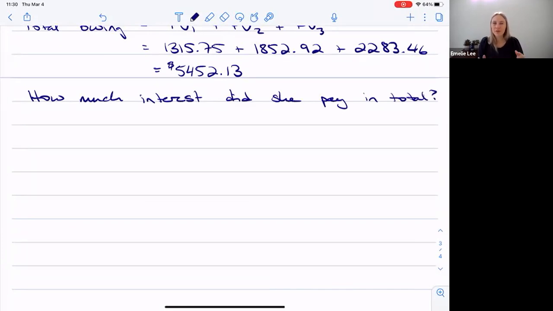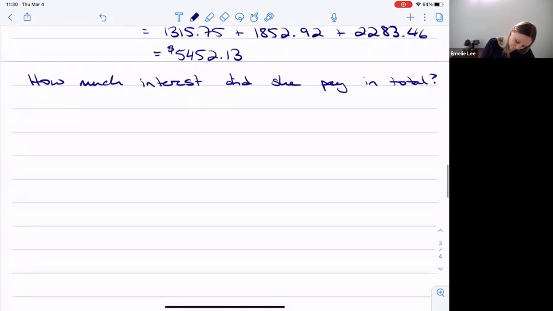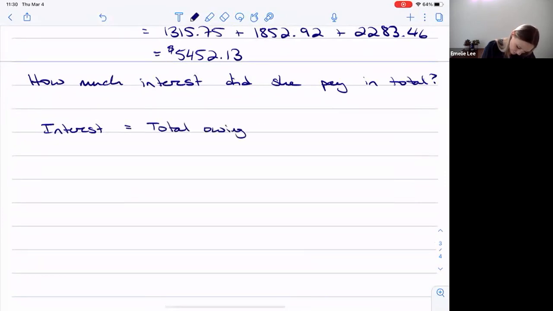Well, so the total owing is that $5,452.13, but she only borrowed the 2,200, the 1,800, and 1,300, right? And so the total interest would be the total owing minus the total borrowed.